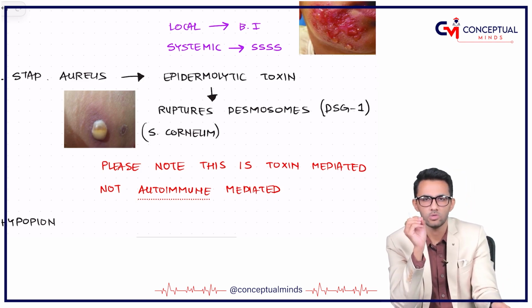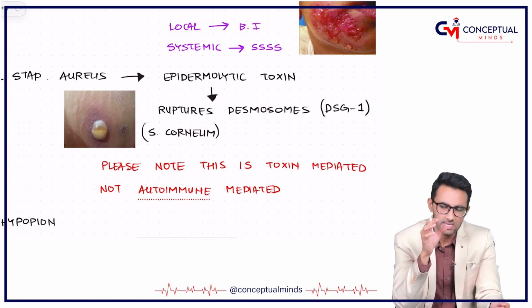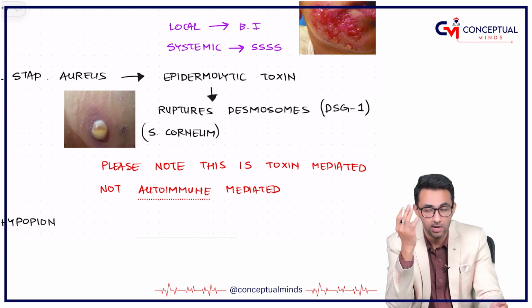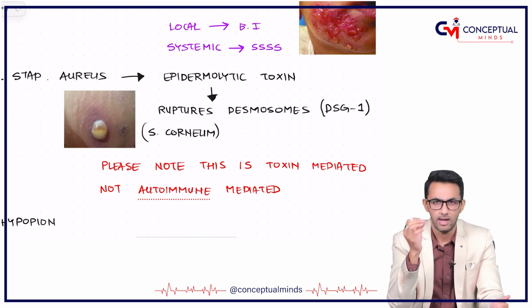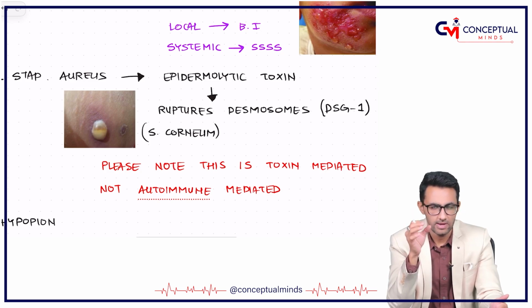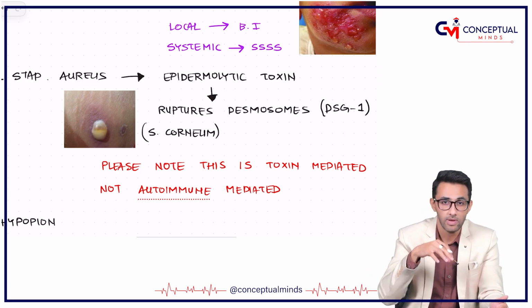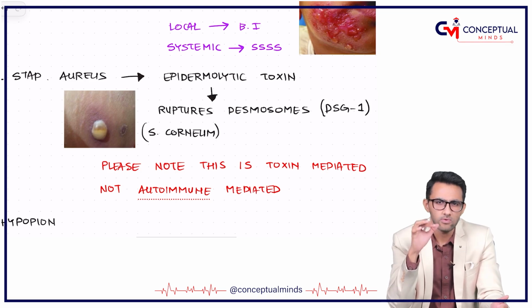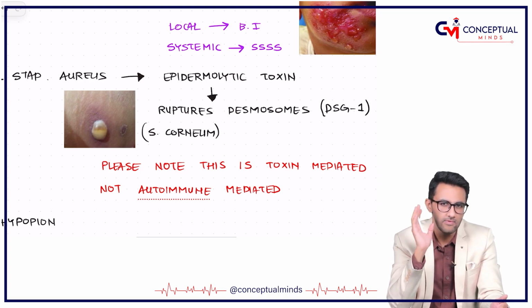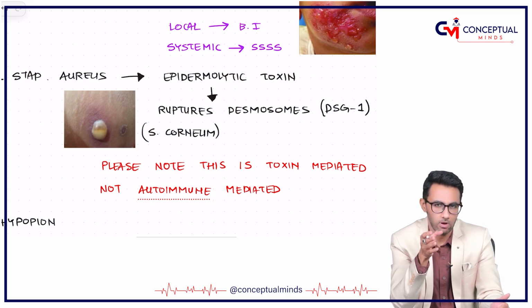If we see a bulla, we think, I know bullous impetigo, sir taught me that there is DSG1 involvement and bulla formation, but this is because of a bacteria. It is not because of antibodies. We have to keep this point very clear: even though the desmogleins are involved, it is because of bacteria, not antibodies. That is another reason this topic becomes very hot.